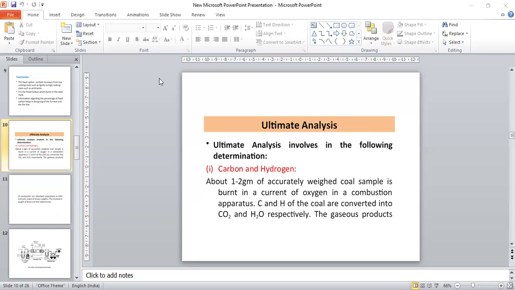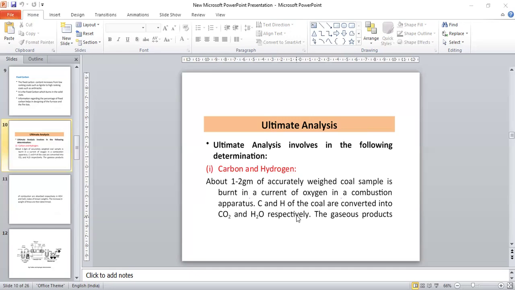Here carbon and hydrogen of the coal are converted into carbon dioxide and water respectively.